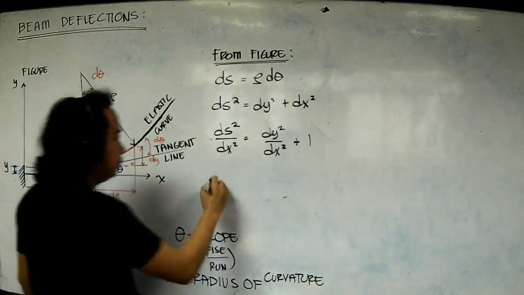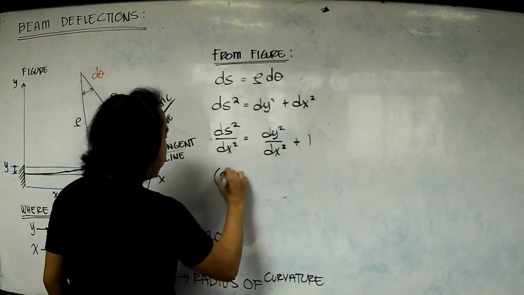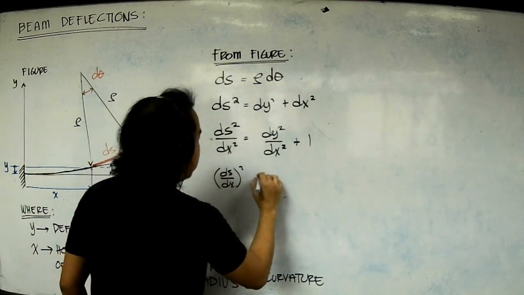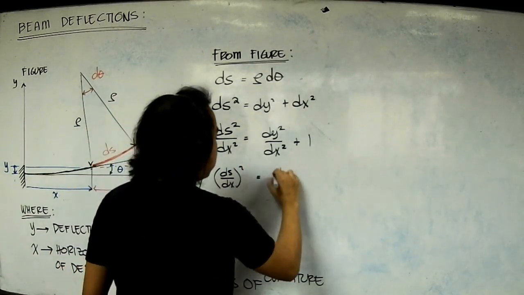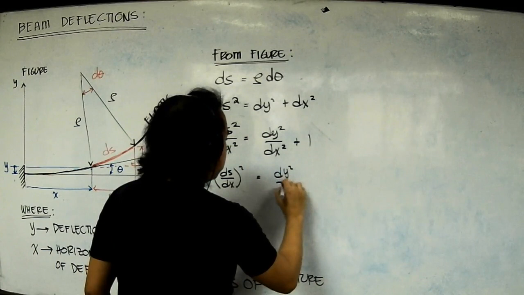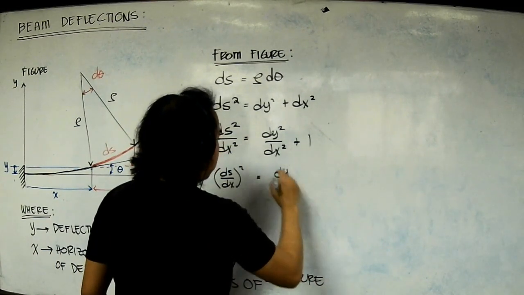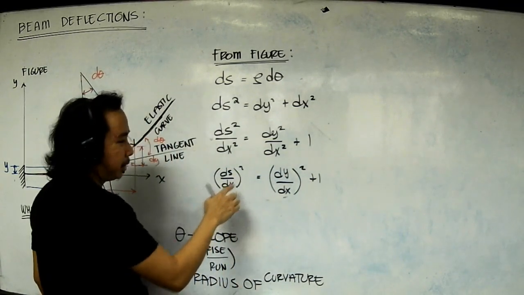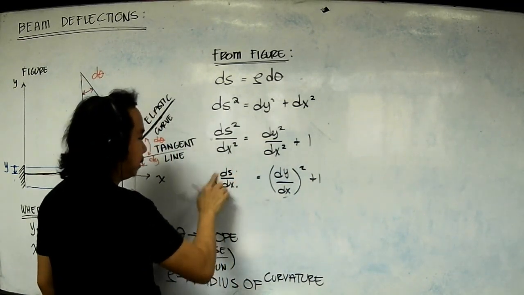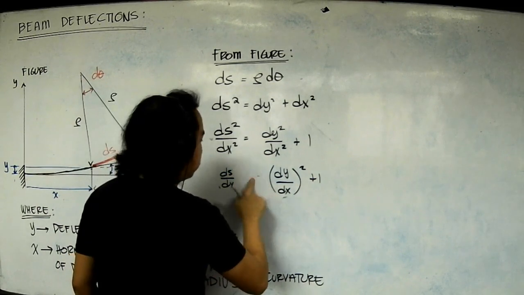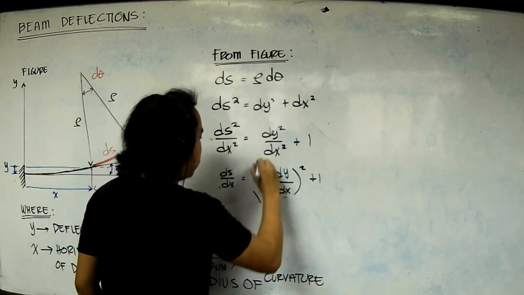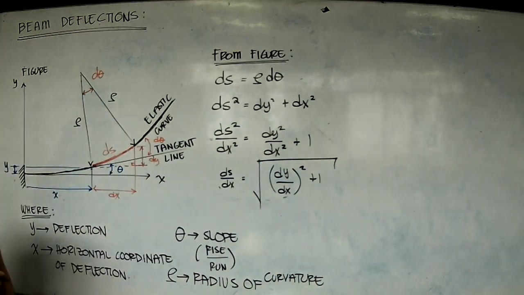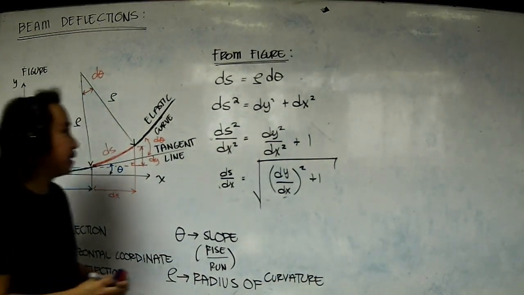I factor out the dx squared, and I apply the square root, and I will have this expression. So we have something like this.